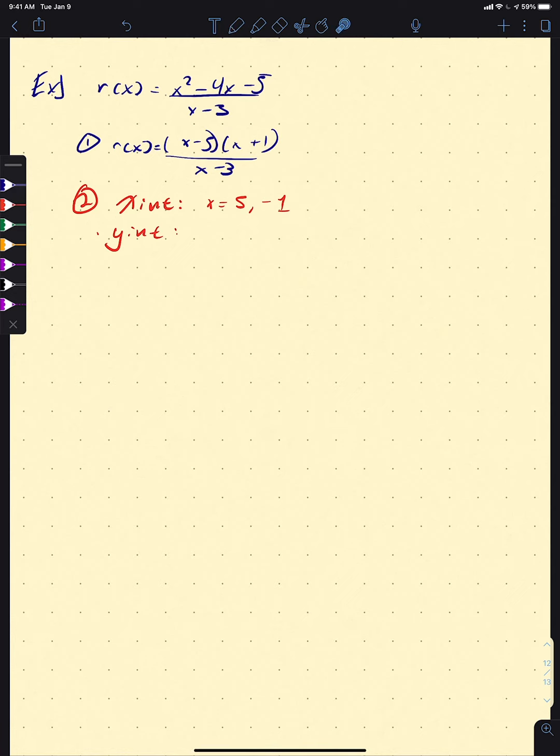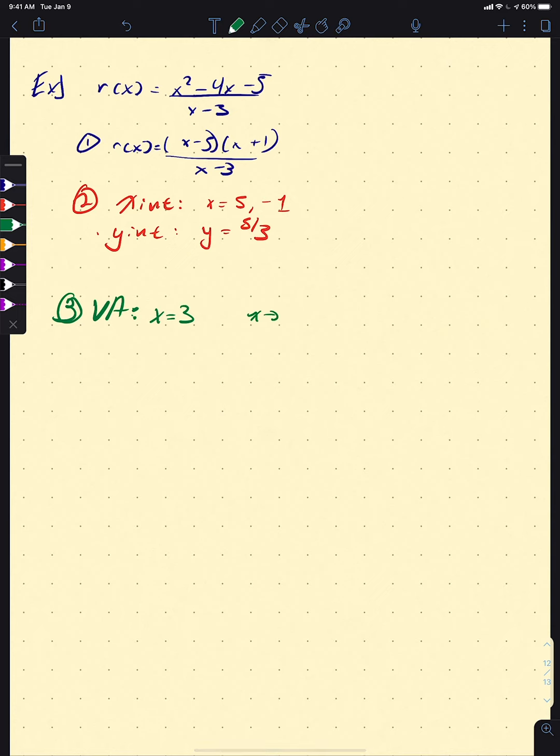My y-intercept looks like it's going to be negative 3 over negative 5, or 5/3, okay? And what about my vertical asymptote? Okay. Well, my vertical asymptote is going to be x equals 3, okay? And let's think about what happens, okay?